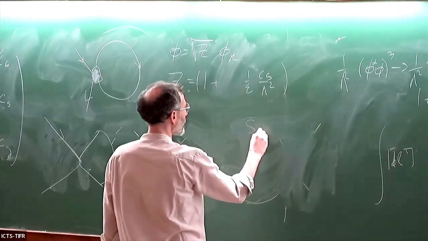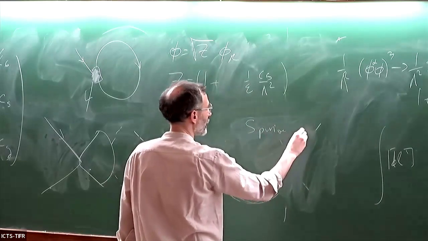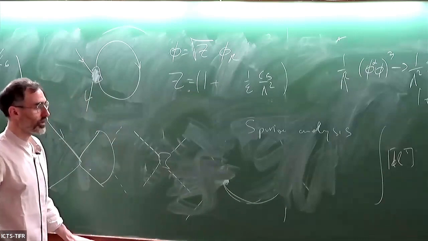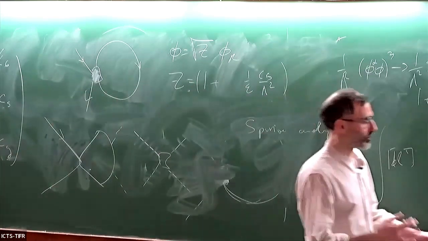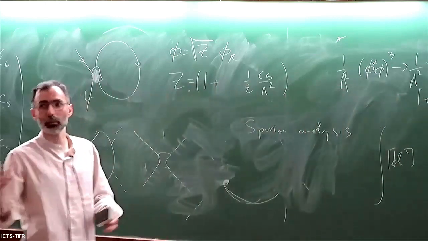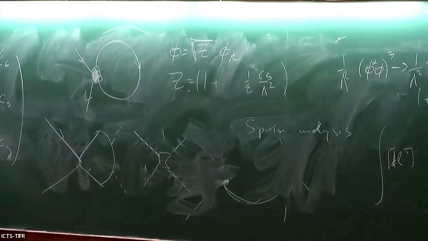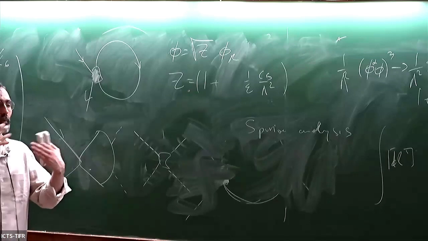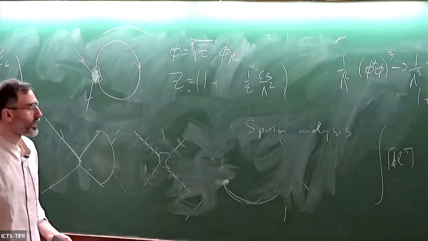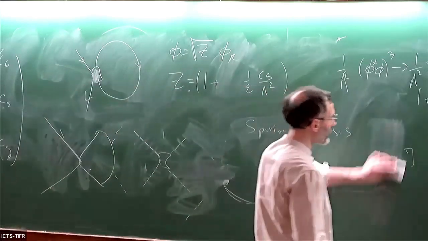And that spurion analysis will tell you which operators are not likely to mix. Because, for example, if a symmetry, that flavor symmetry, is not broken, as is the case of all of the scalar operators, they could not produce flavor breaking terms in the form of four-fermion operators. So that's spurion analysis for symmetry.